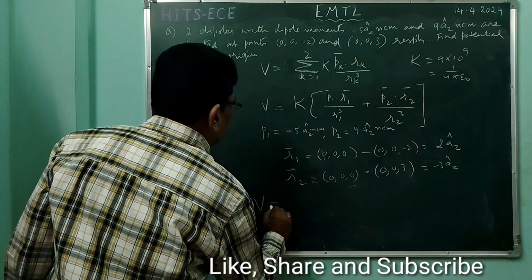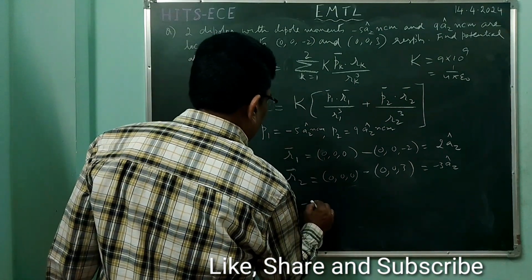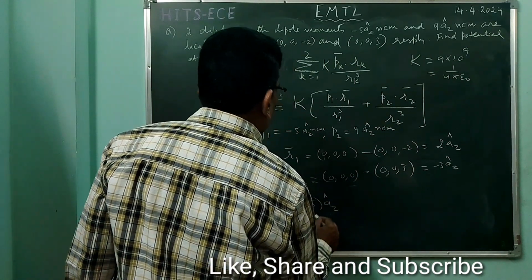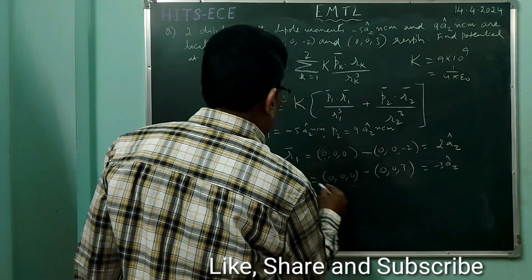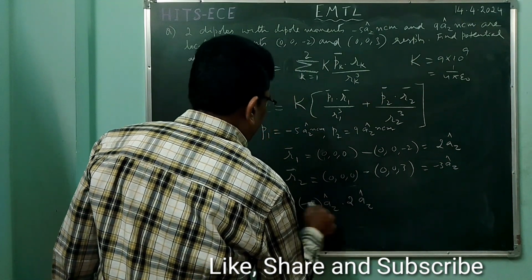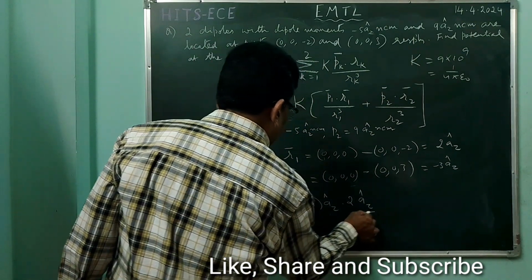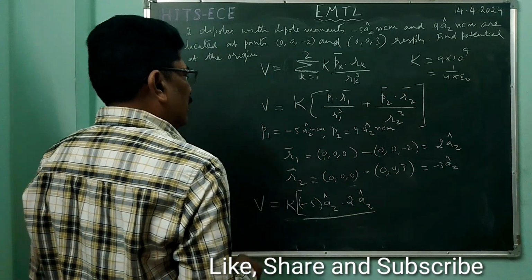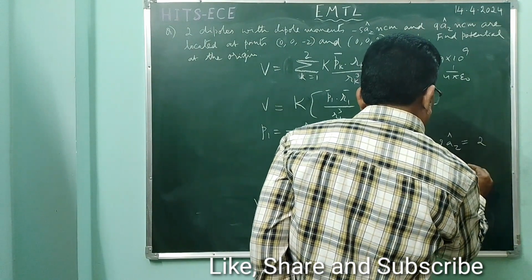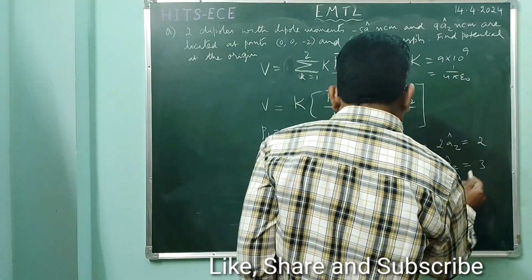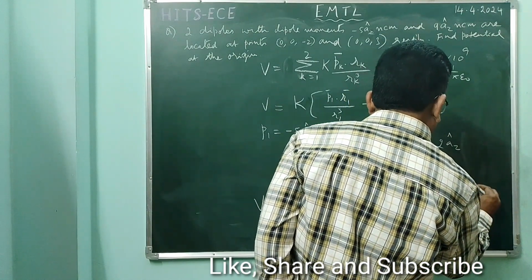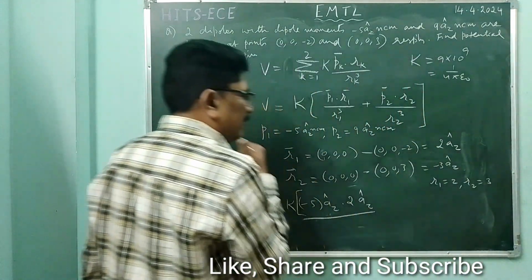Let us substitute these values now. So V is equal to k into P1, minus 5 az cap, dot R1, 2 az cap, divided by R1 cube. The magnitude of R1 is 2 and the magnitude of R2 is 3.